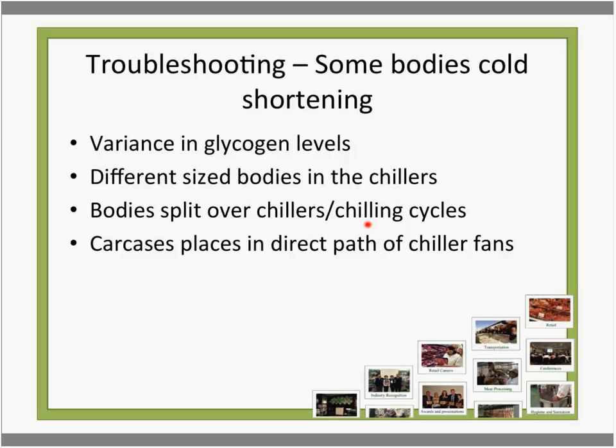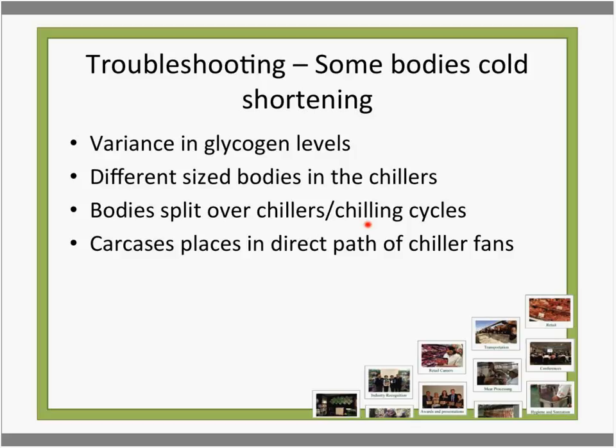And variation in body size in the chillers. So if the body can chill quicker, which I think is what someone mentioned, it means that you get the drop in temperature before the pH is reached where it needs to be.